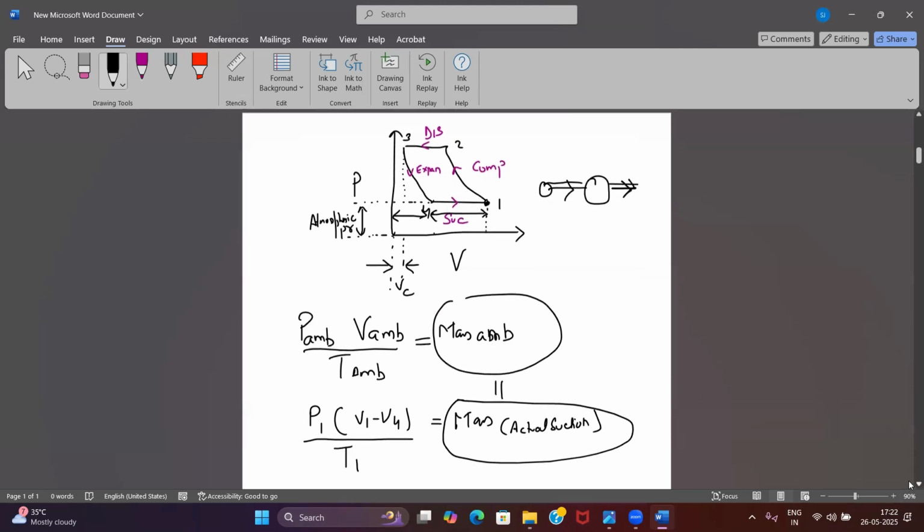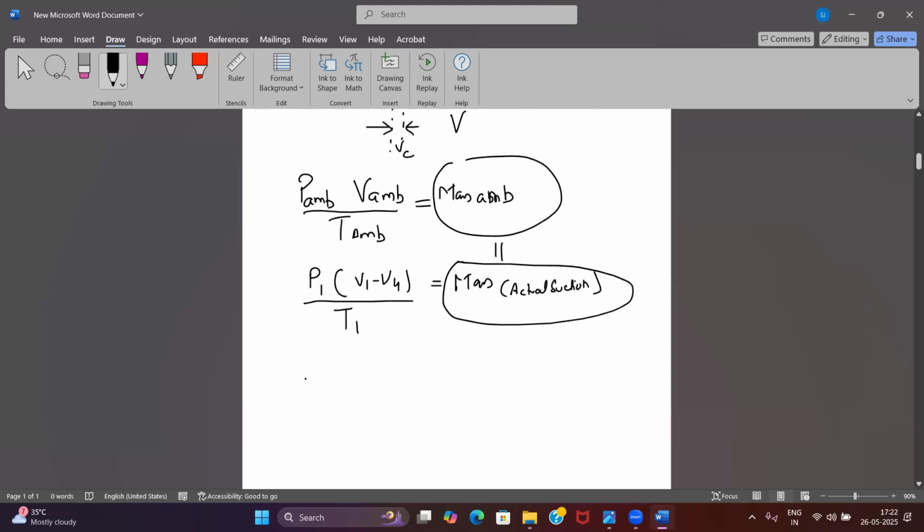So it will become P ambient times V ambient by T ambient is equal to P1 times V1 minus V4 divided by T1.